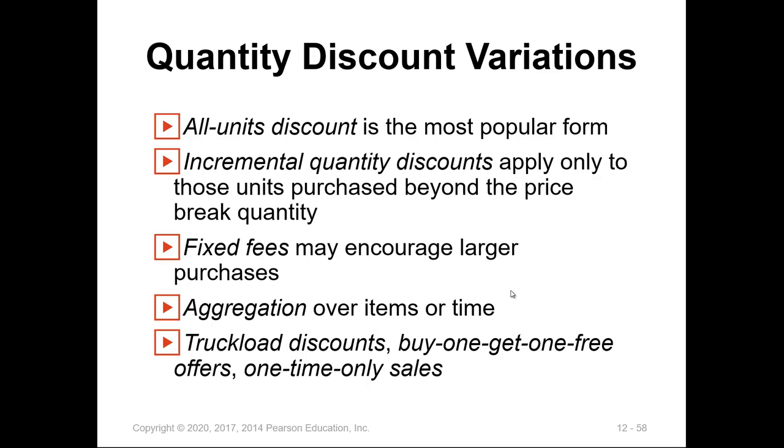Fixed fees, such as the fixed shipping and processing costs for a catalog order, and item aggregate pricing functions allow users to set up sale items that can be grouped together for calculating quantities to meet price breaks. Other discounts might be in the form of truckload discounts, buy one get one free offers, and one-time only sales.